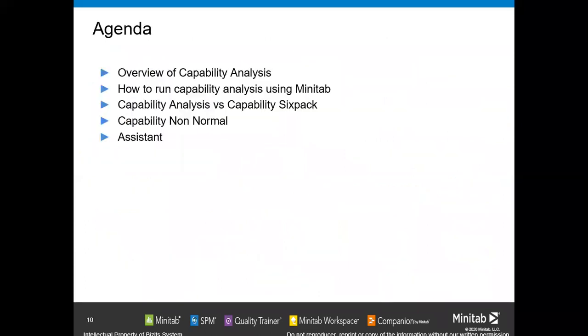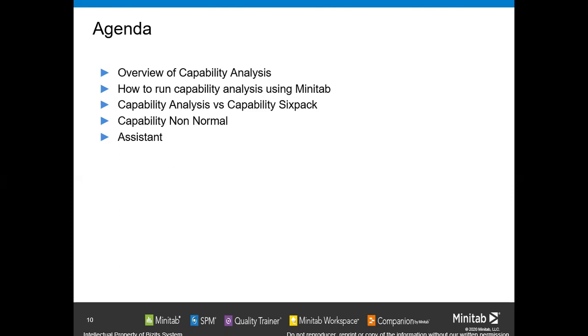Okay, and then the main agenda today: we want to explore what capability analysis is, when to use it, why you need a capability analysis, and then how to run capability analysis using Minitab. And for information, in Minitab we have two ways to represent the capability analysis, whether you use capability analysis or our flagship tool, Capability Sixpack.